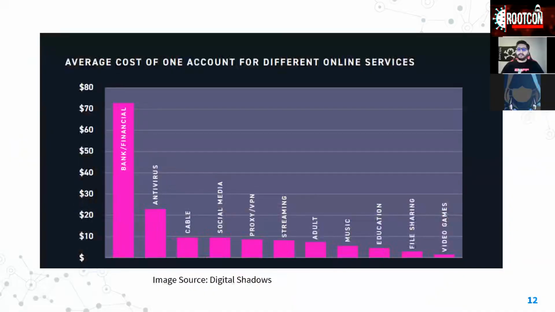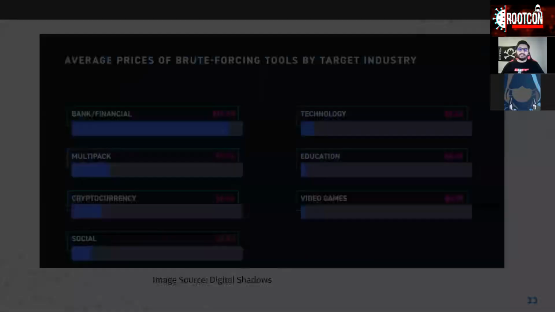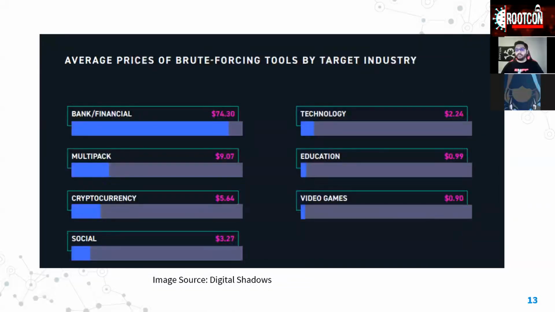This is just an example of the average cost of one account for different types of services. As you can see, banking and financial accounts obviously cost more. And again, this is just an example of how much brute forcing tools cost in different markets.